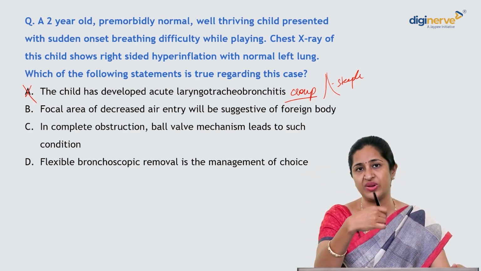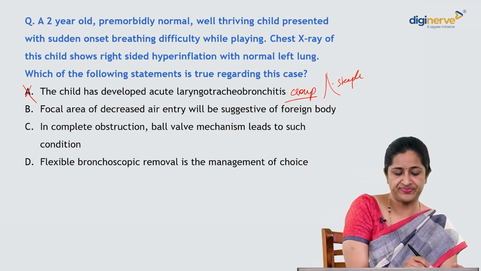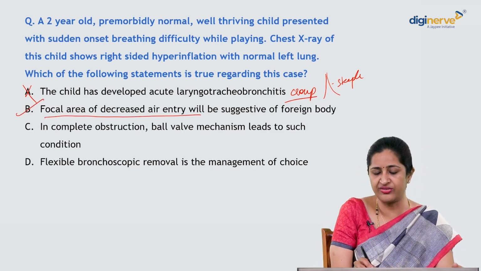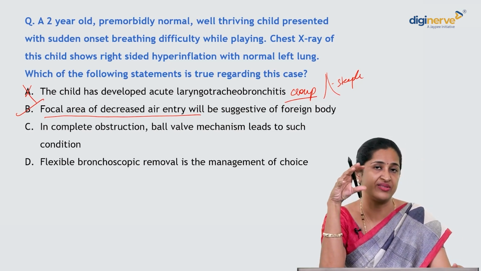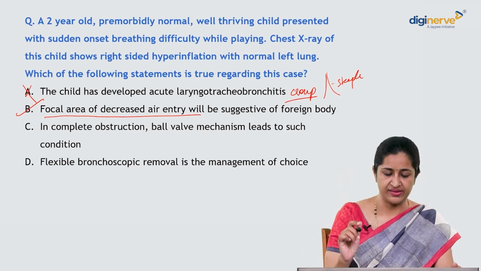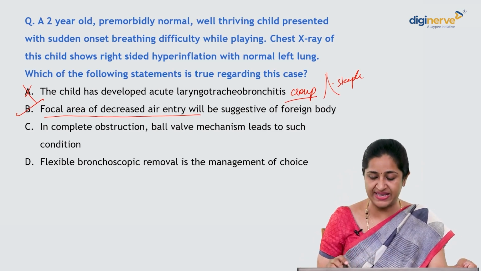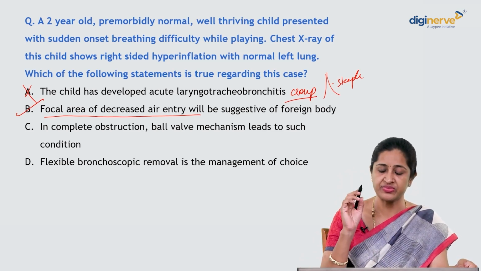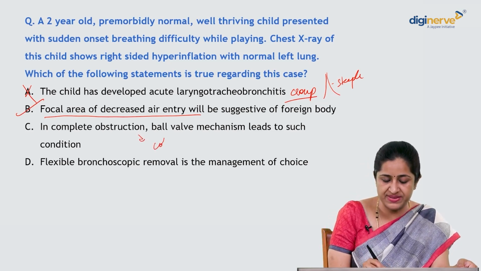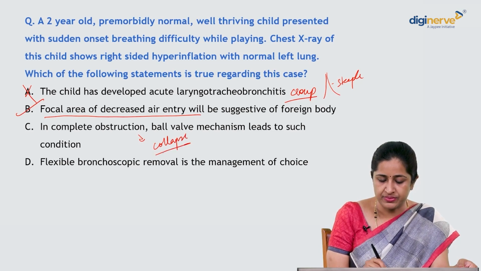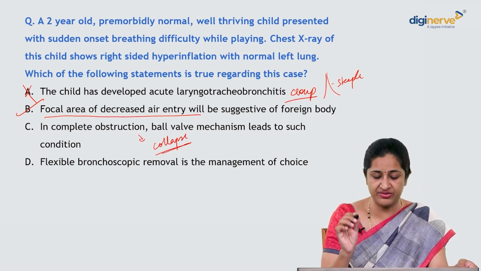That is the reason why we are assuming that you will have this focal area of decreased air entry on the right side, which will primarily have the signs of foreign body. In complete obstruction, you will always have collapse. You will never have hyperinflation.